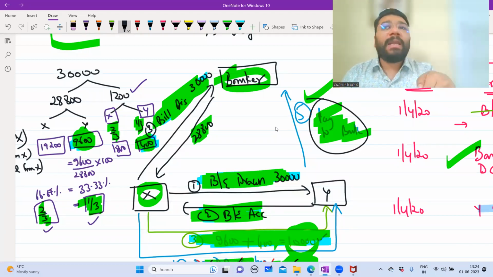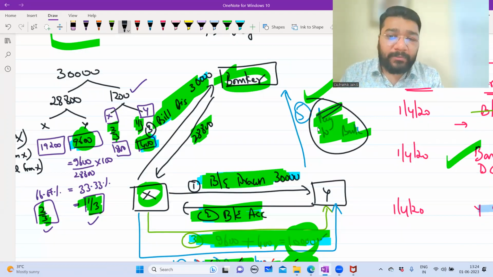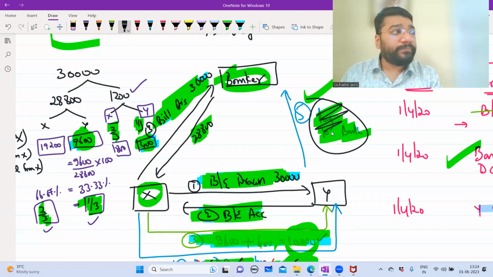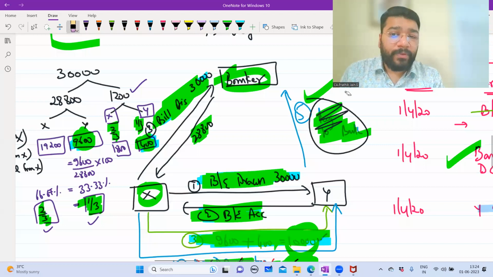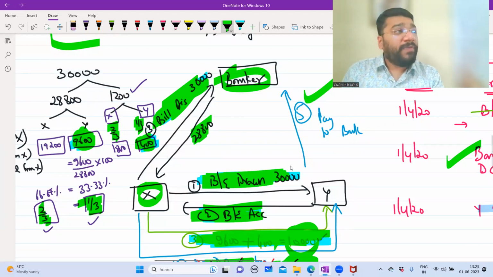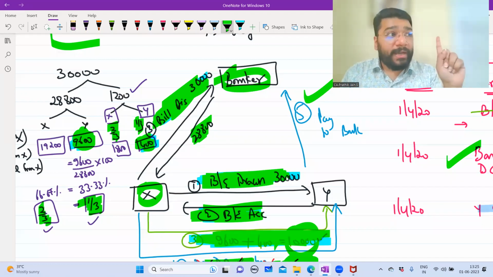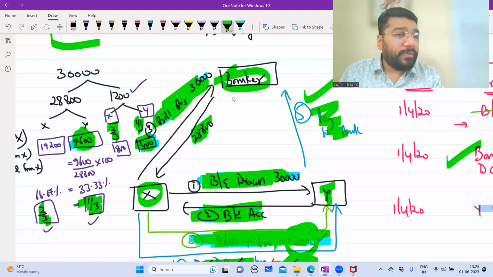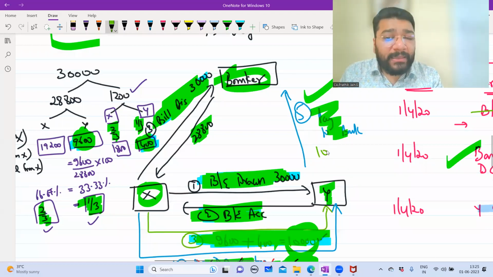So on the due date, what will happen is first Y will make this payment to the banker. To understand this process, on the maturity date of the first bill, who is supposed to make the payment? Y is supposed to make the payment to the banker. Now, Y is already having 10,000 in his pocket.